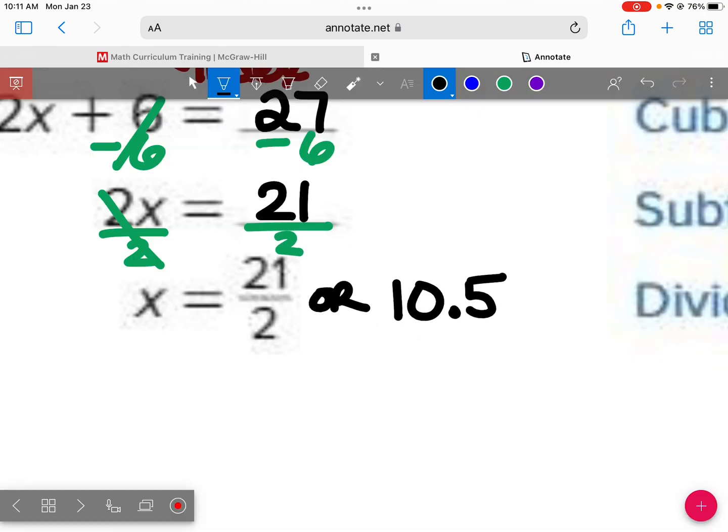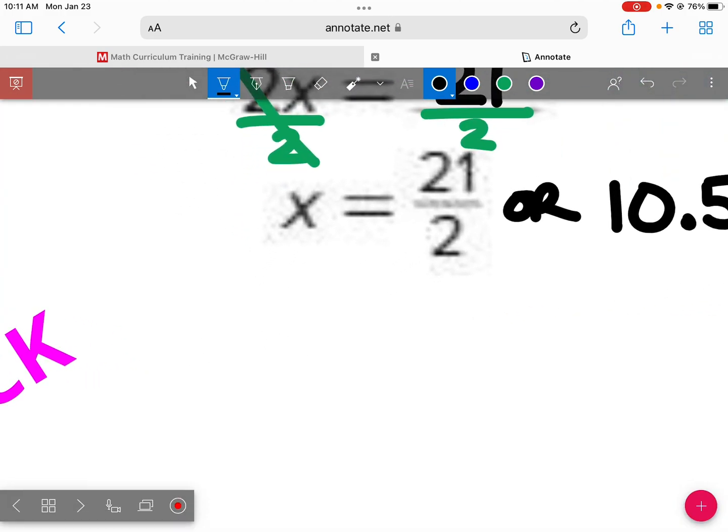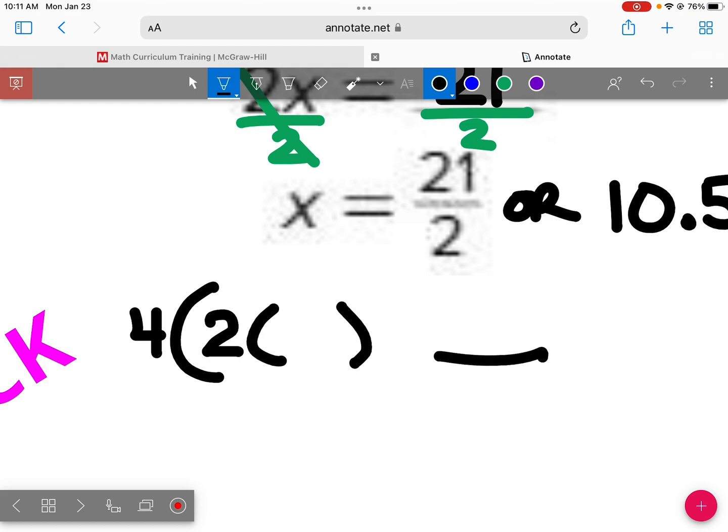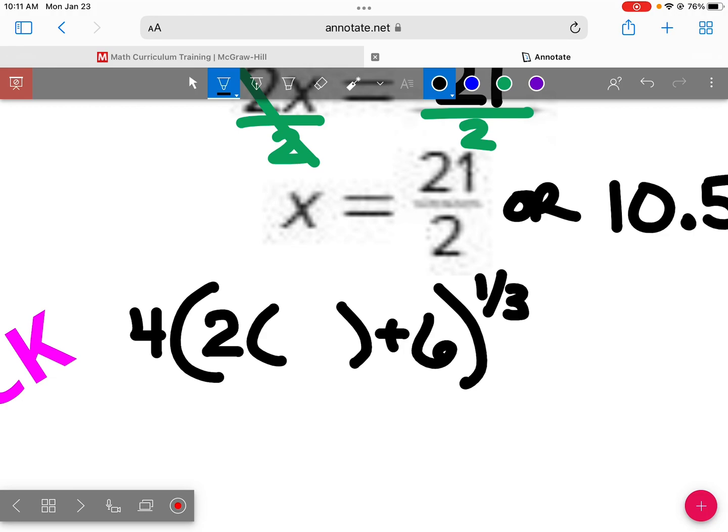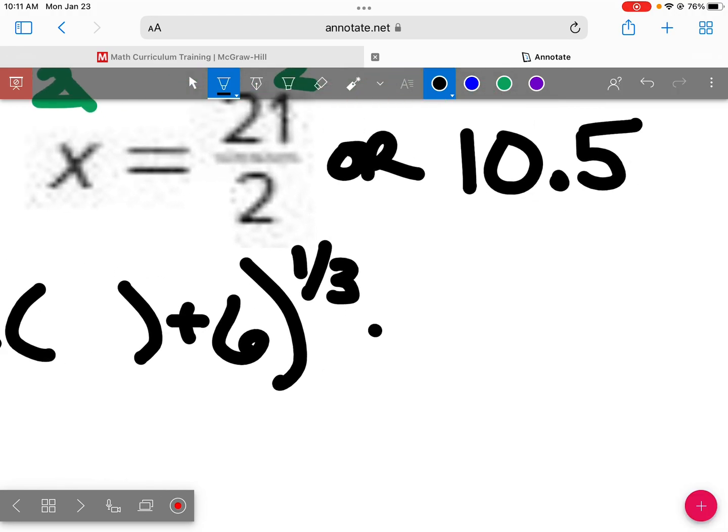We need to check this. So let's walk through our check. We have 4 and then parentheses, 2, and then we're going to make our substitution. Plus 6 to the 1/3 power. Minus 9.